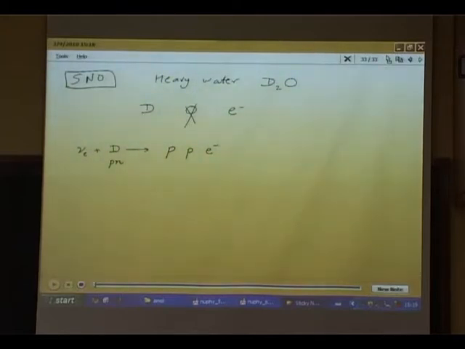That's one thing it can do. The second thing it can do is just break up the nucleus. It does nothing else. So this can simply do P plus N, and nu E goes out. It just breaks up. That's what it does.